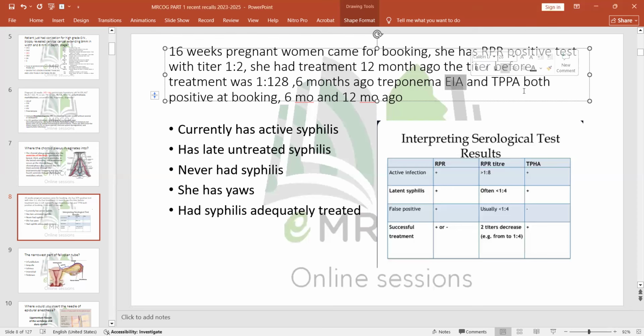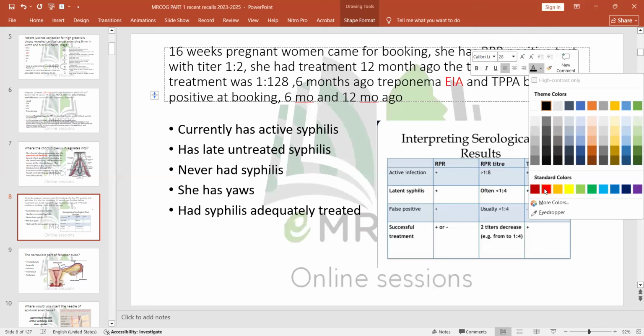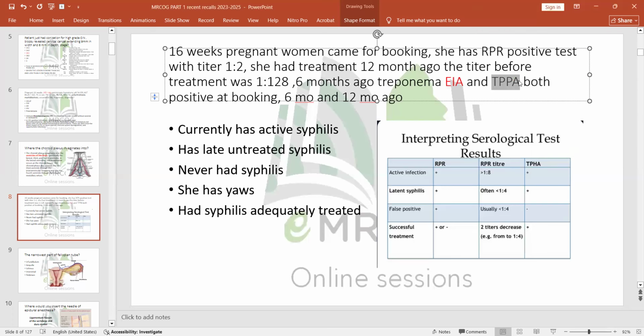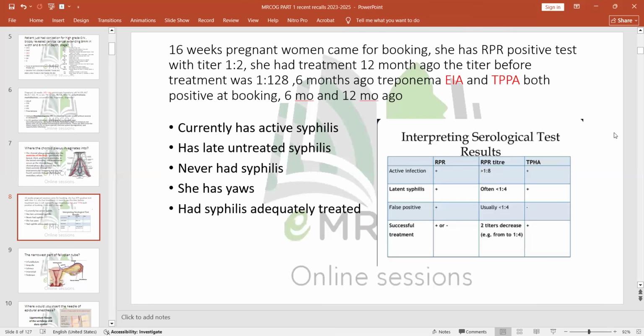I need my candidates, please, to tell me if both of them are positive, does that mean that the woman has syphilis, or is this a false positive test? I'm not asking you now about the type of syphilis or the stage. I'm just asking you, is that a positive syphilitic case, or is this a false positive?